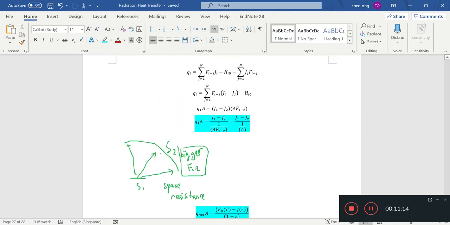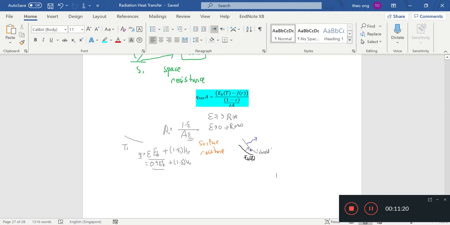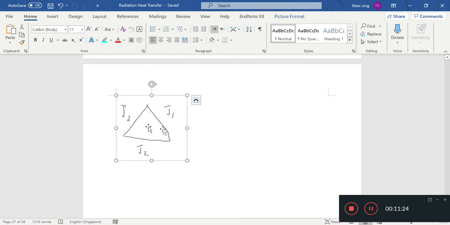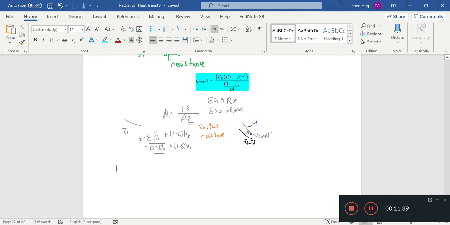So how does one actually calculate the heat transfer based on these resistances? If we want to calculate, let's say, between these three surfaces, the heat transfer from 1 to 2, we'll need to do something simple. EBT and J represent the voltage.